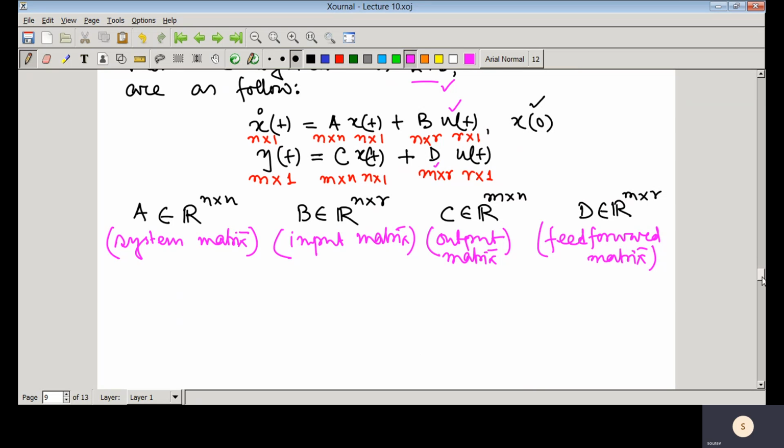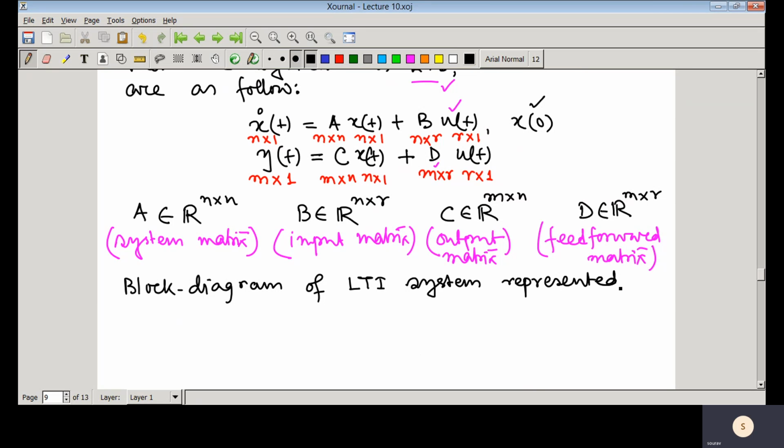So how can you represent the state space in block diagram form? So that is the block diagram of an LTI system represented in state space. That means if a system is described in state space, what is its block diagram representation?